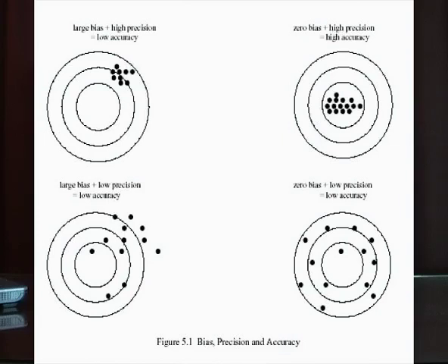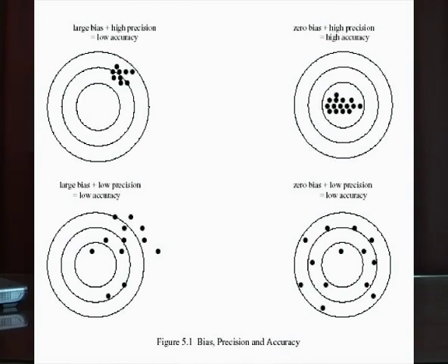Now, if we were to look back at the picture on the top left, we see that the mean value of that cluster is away from the true value at the dead center. The difference between the true value at the dead center and the mean value of that cluster is referred to as bias.